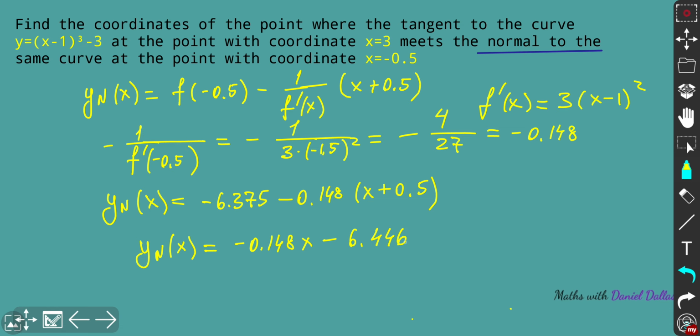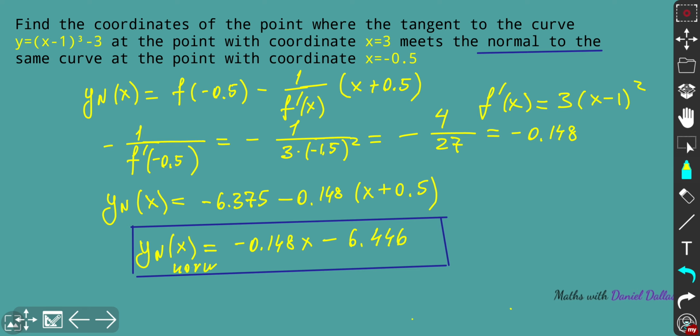So it's around that. And that's going to be the equation for the normal line at the given point. This is for the normal at the given point. Our point is x equals negative 0.5.